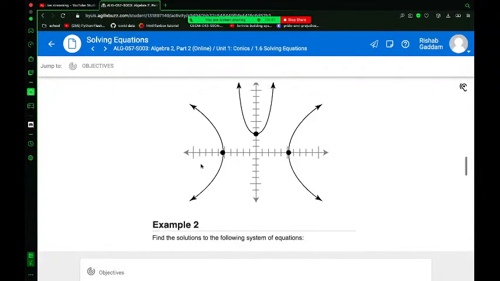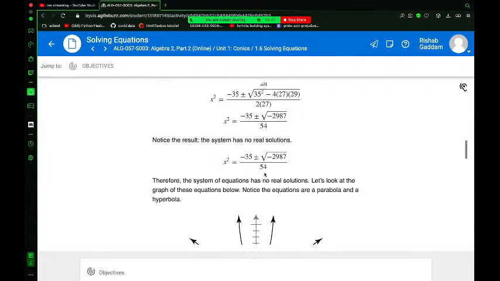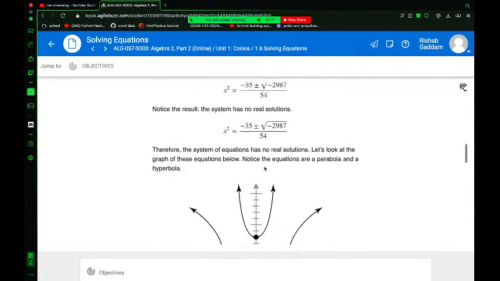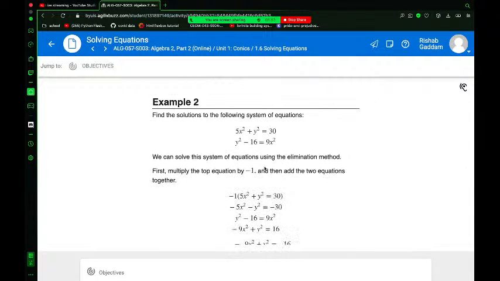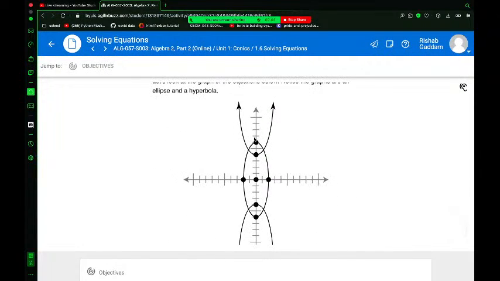And here are some examples. If none of the graphs intersect, then obviously there is no solution. There are no real solutions to this equation, but there are imaginary solutions, which are not real solutions. For this one, if you look at the graph, there are obviously 4 solutions.